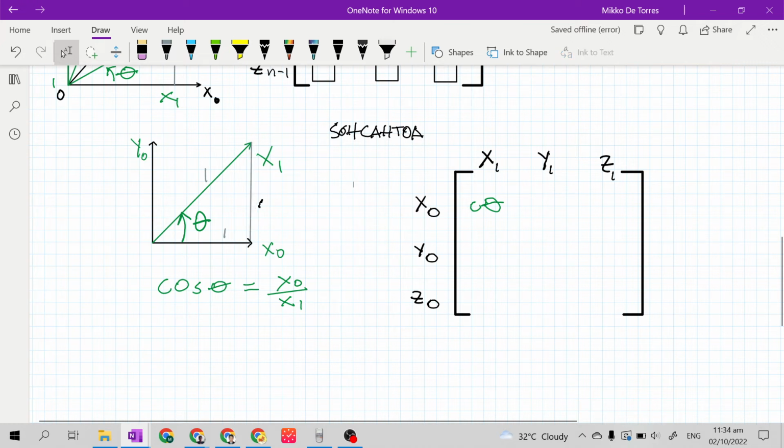Then again, the hypotenuse is x sub 1. So we have opposite over hypotenuse, which is equal to sine theta. So the description of the projection of x sub 1 on y sub 0 is sine theta.